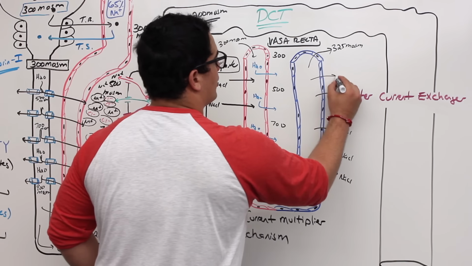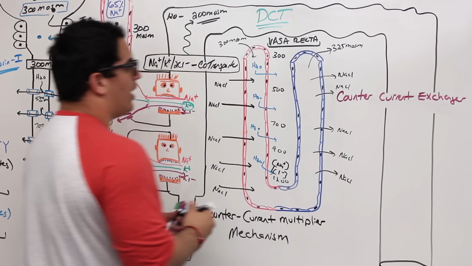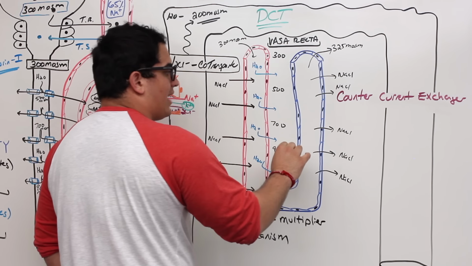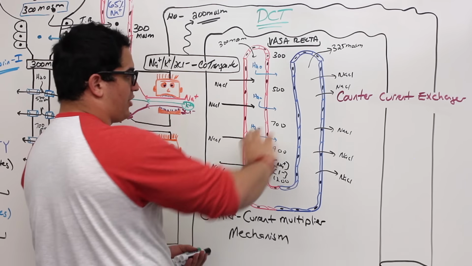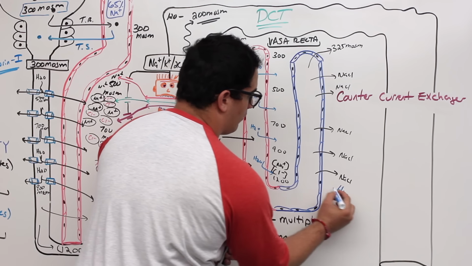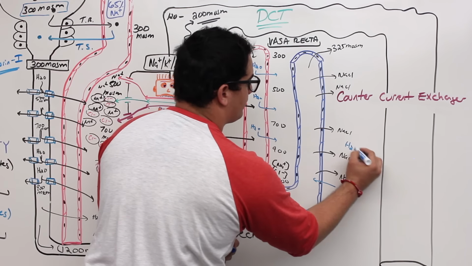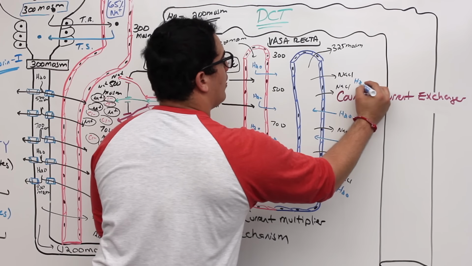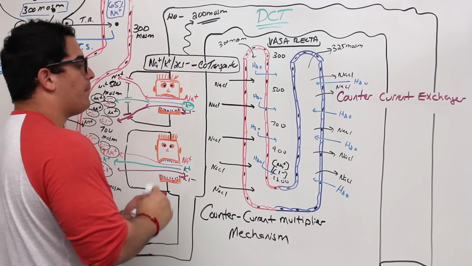So again, you're pushing out the sodium chloride. But look what else happens. As you're going up, the sodium chloride is actually going to get pushed out, right? The water is going to move back in.